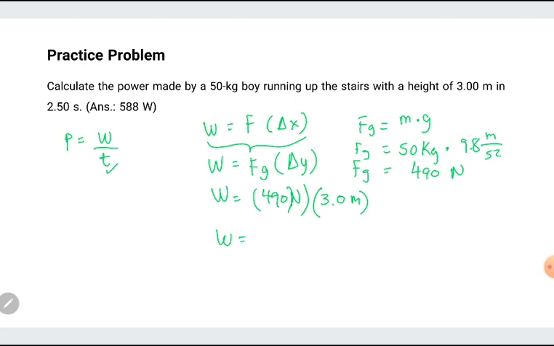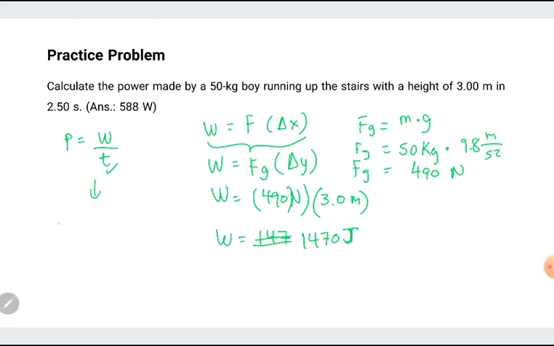So what's the product? 1,400 and, oh, wait a minute. Oh, yes, 1,470 joules. Let me verify. 490 times 3. Yes, 1,470 joules.